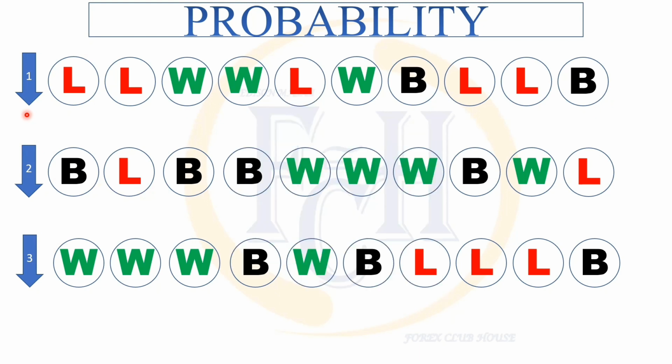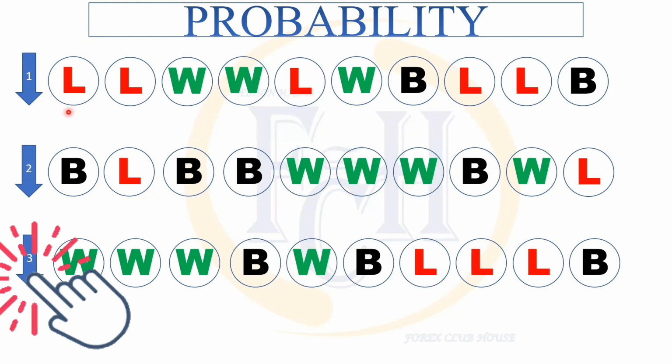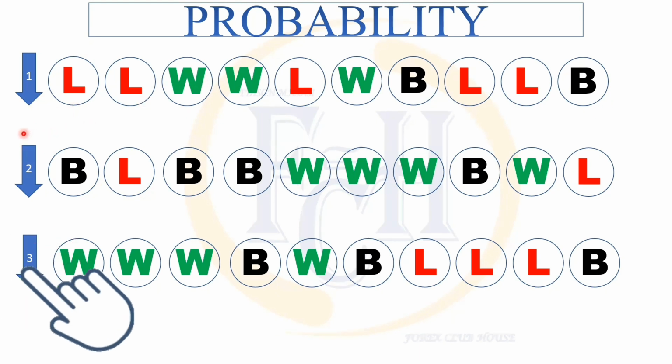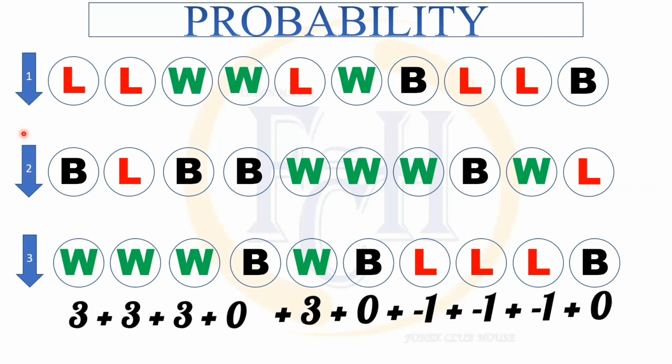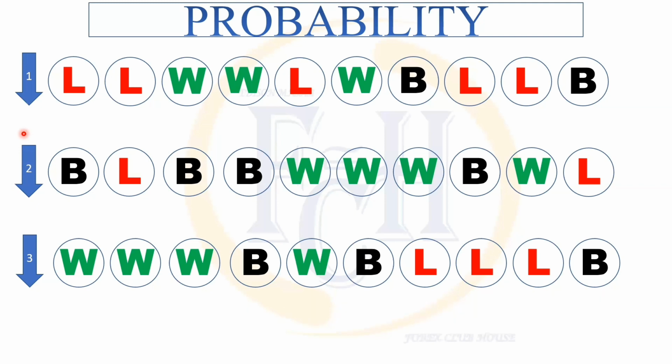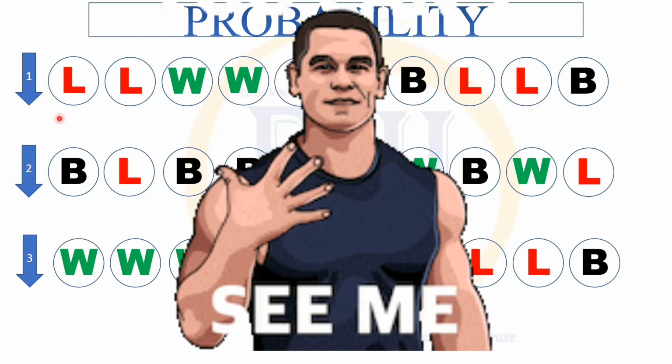Then moving on to the last part, which is the third month. If you take a look here, we can see we have got a win, win, win, break even. So we have 3 wins and a break even. This is one of the most important things to understand here, because this is where that kind of invisible mindset comes in.